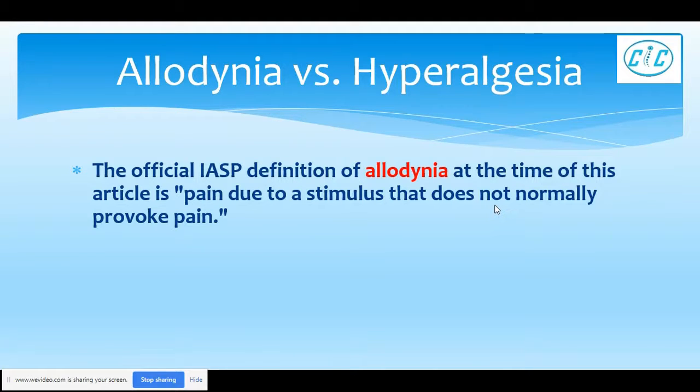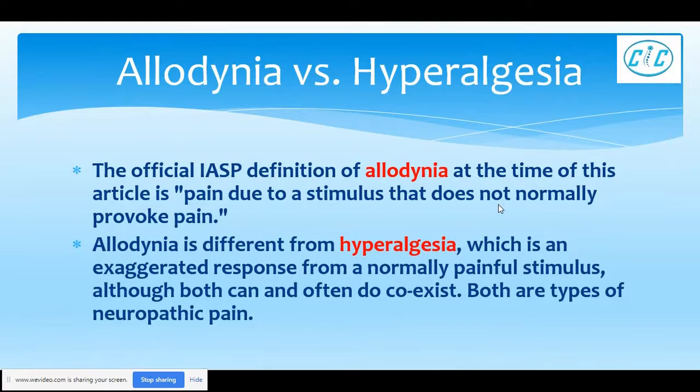So if somebody experiences a touch on the skin, it should not be painful. If it is painful, it is not normal, and it is referred to as allodynia.